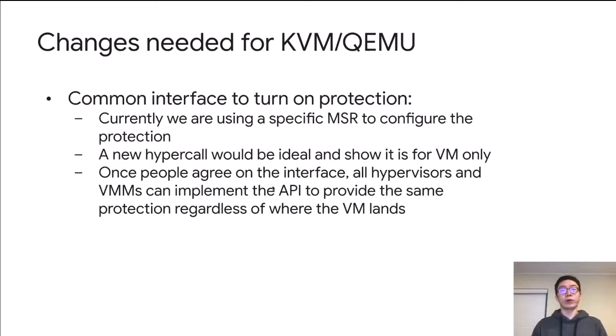Once people agree on the interface, the API, what a hypercall looks like, any hypervisor or VMM can implement support for this API to provide the same level of protection no matter where the VM will be landing. Azure, AWS, Google Cloud, or QEMU can all implement the same APIs, so the guests can move freely around different providers and gain the same level of protection.